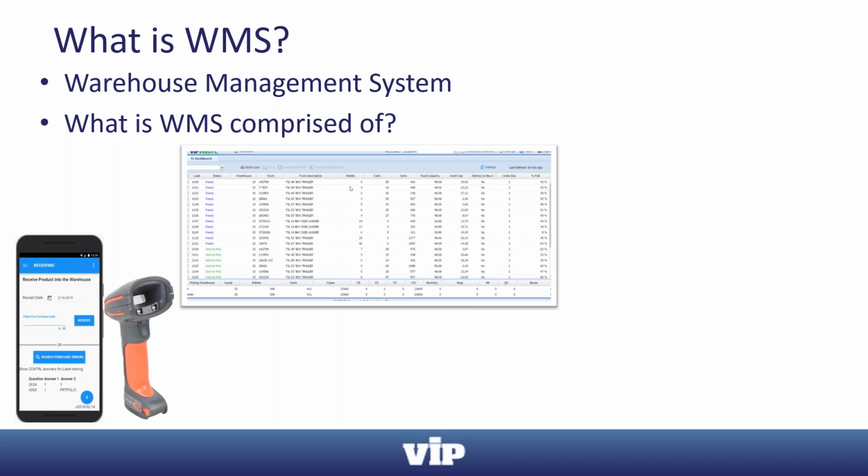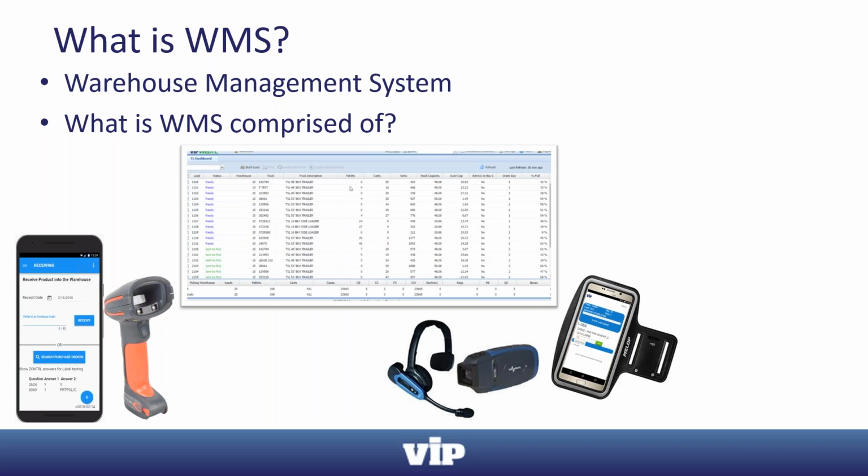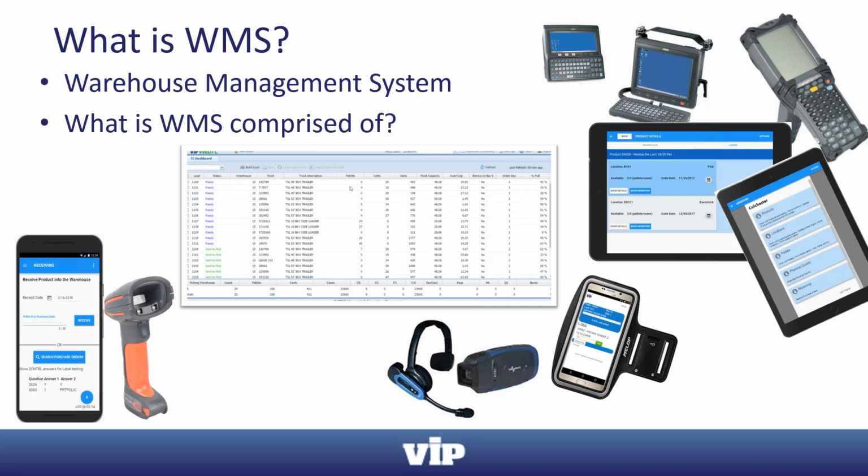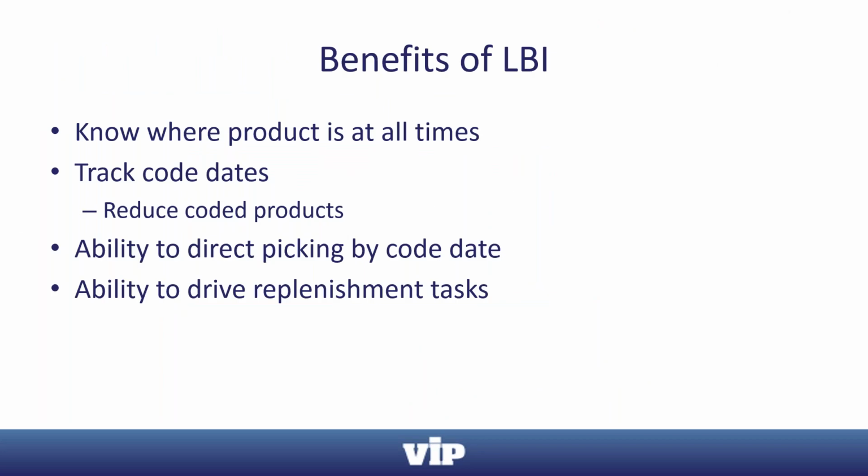You might be using a truck diagramming program such as WebTL or PalBuild. Or the other options we have are picking related functions, easy pick and voice pick systems. And then last but not least, location-based inventory or LBI, which again uses a variety of different equipment based on your choice.